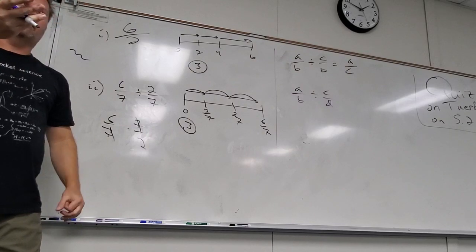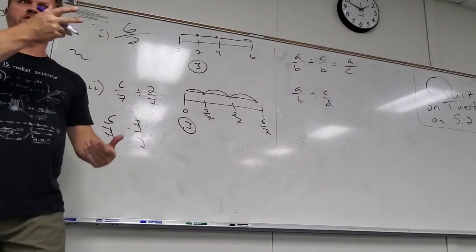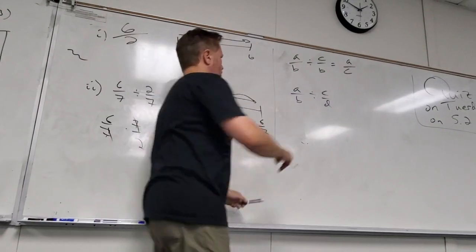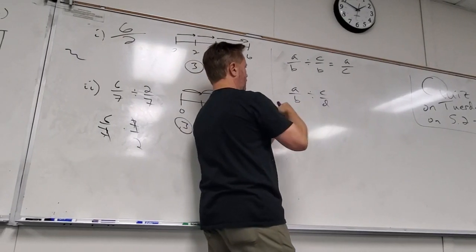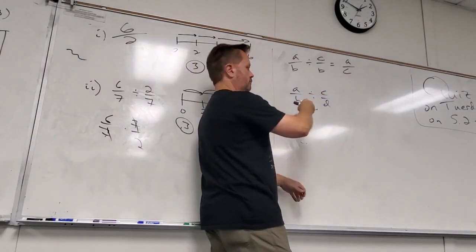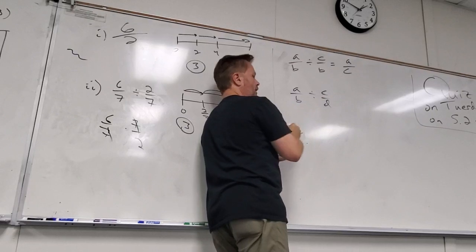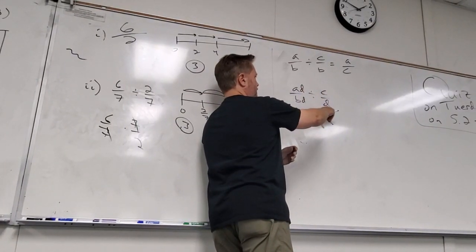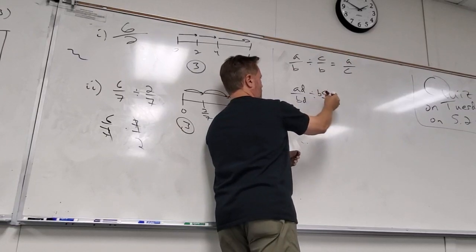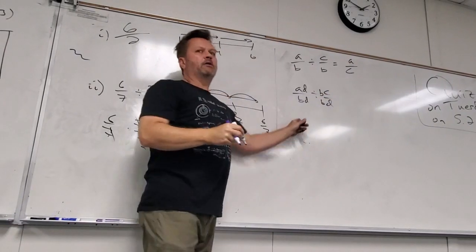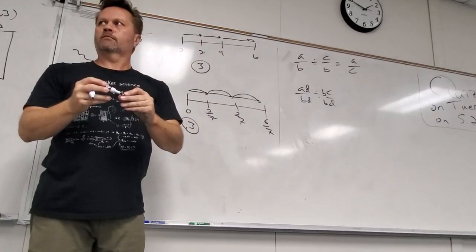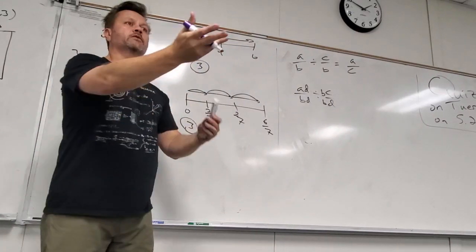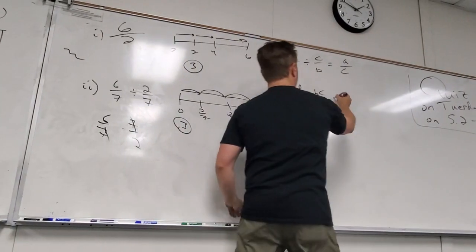How can I make them both have the same denominator? What does the first one need that the other one's got? What does he need on the bottom that the other one's got? A D. What's he need? A B. Now can I use the shortcut? The bottoms are the same, correct? So what do I get?